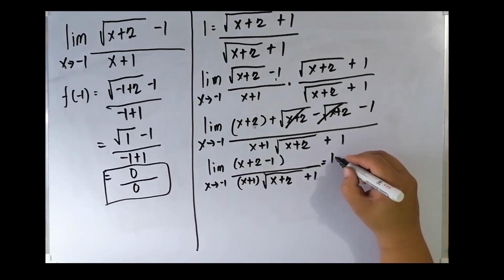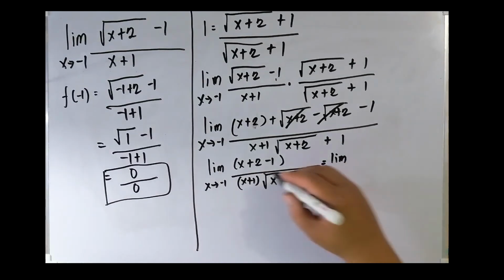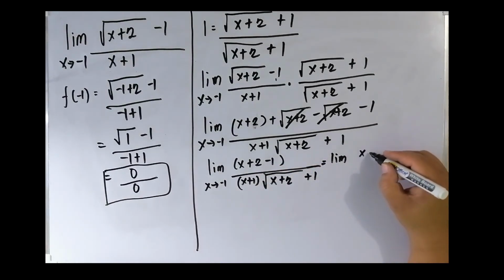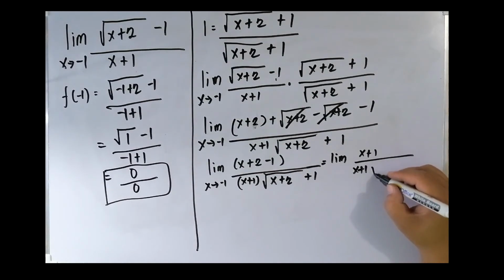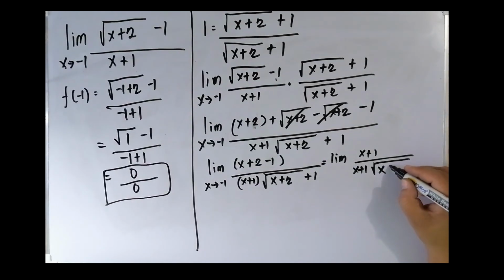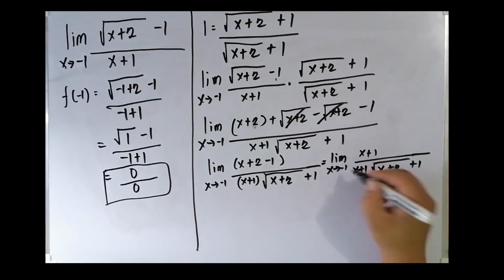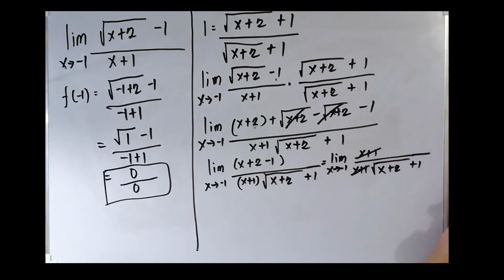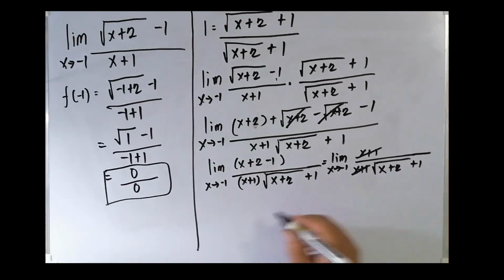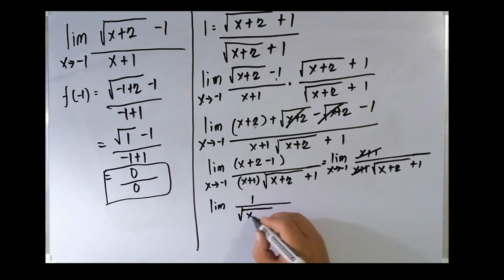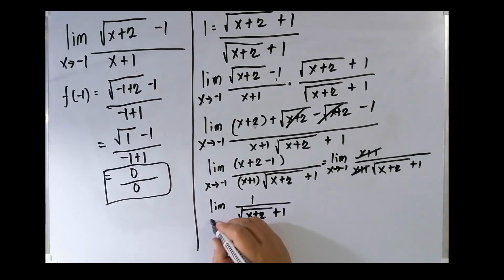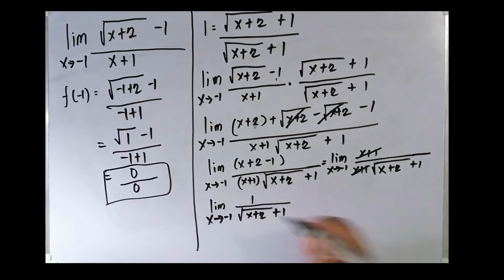Again, simplify ulit natin, x plus 2 minus 1 is x plus 1, so we have x plus 1 all over x plus 1 times square root of x plus 2 plus 1 as x approaches negative 1. Magka-cancel out yung x plus 1 sa numerator at denominator. So, ang maiiwan na lang ay the limit of 1 all over square root of x plus 2 plus 1 as x approaches negative 1.